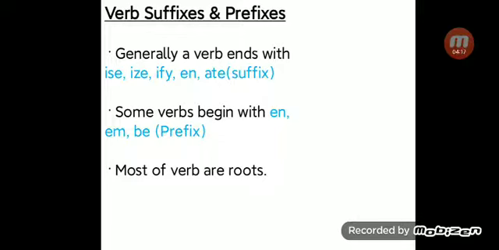Now we will know verb suffixes and prefixes. Generally, a verb ends with ise, ize, ify, en, ate suffix. Some verbs begin with en, em, be prefix. Most of verbs are roots.